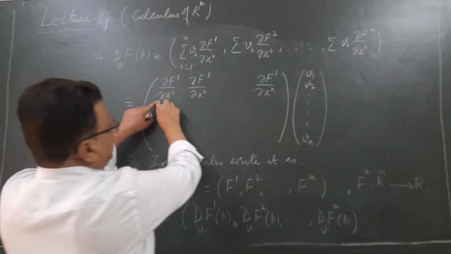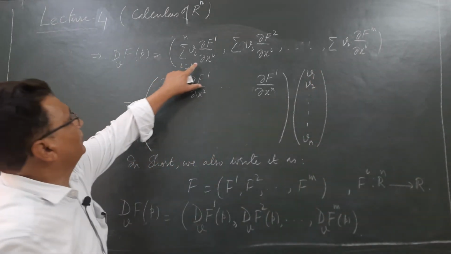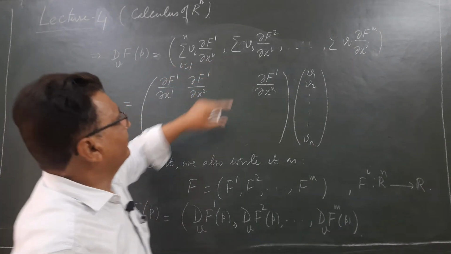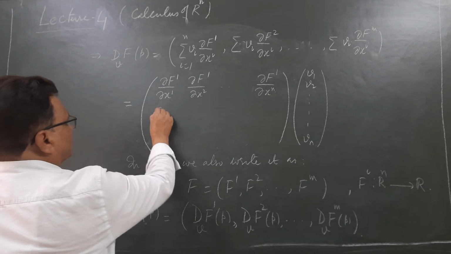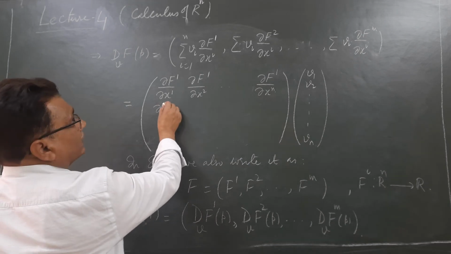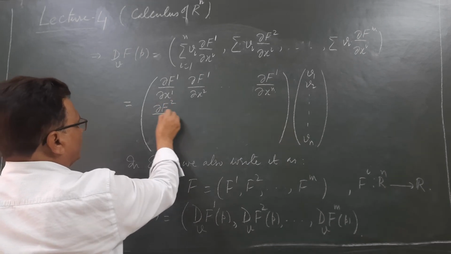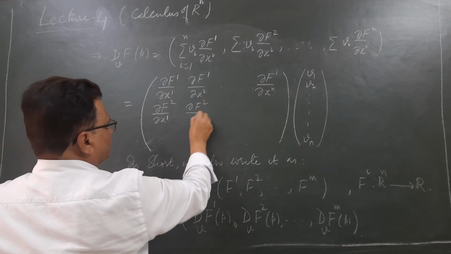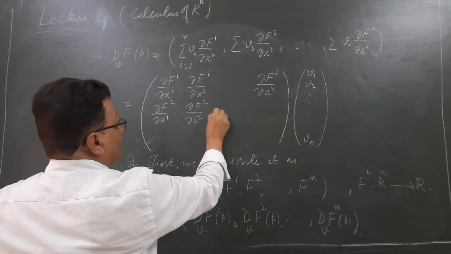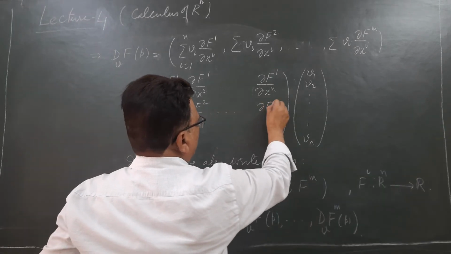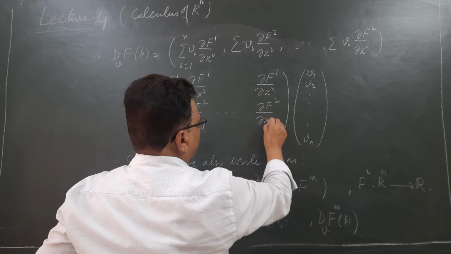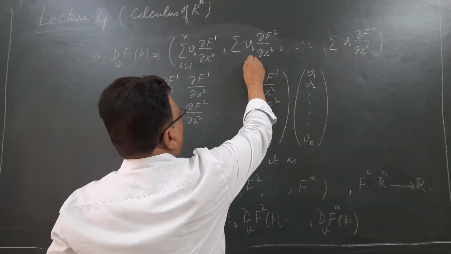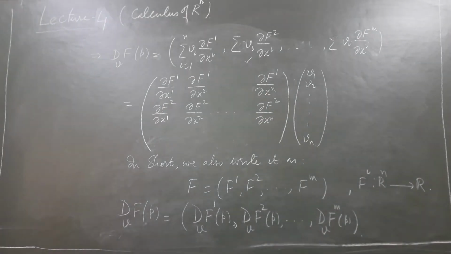When you multiply this row with this column, you will get this. And in the second row I will write del F2 upon del x1, del F2 upon del x2, del F2 upon del xn. Same thing here. When you multiply the second row with this column, you will get this, and so on.